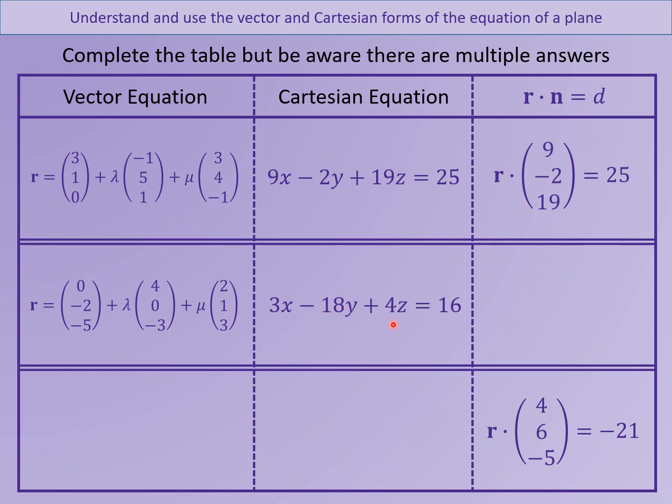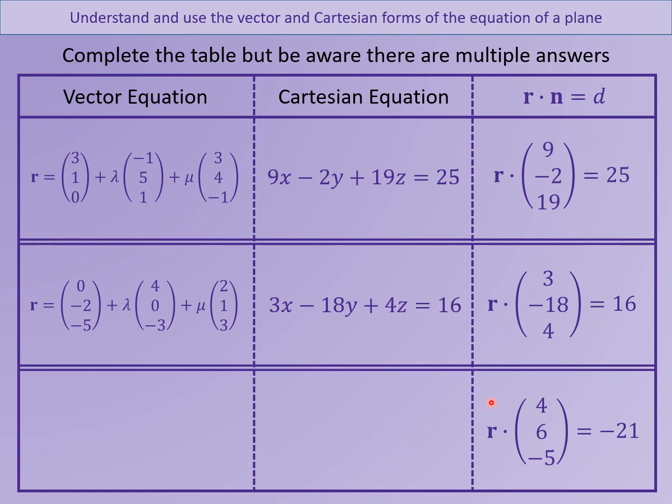So 2 lots of that, take away 5 lots of that should work fine. 2 lots, that's going to be 36, take away 20. That would get you 16. Again, your answer here could be anything that works in that equation. So just check it. Does yours work in the equation? Then your big tick there, you are correct. This one's easy. r dot 3, minus 18, 4 equals 16.